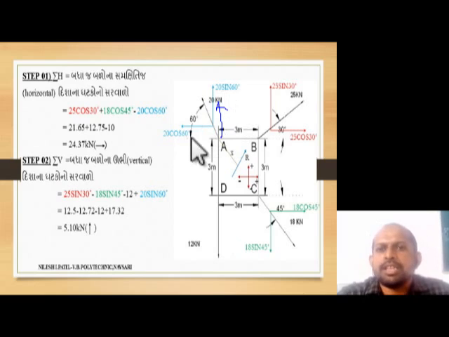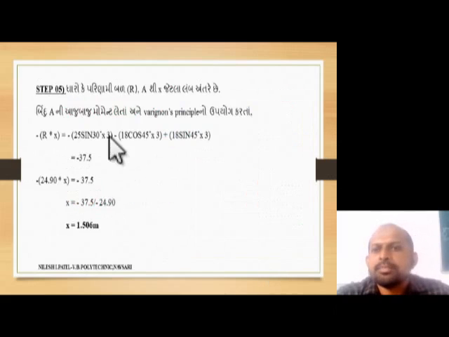Same way, the line of action of 20 cos 60 degree is also passing through the point A. So its moment is also 0. So which forces are considered?